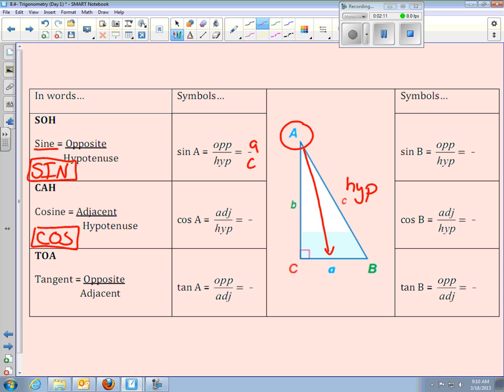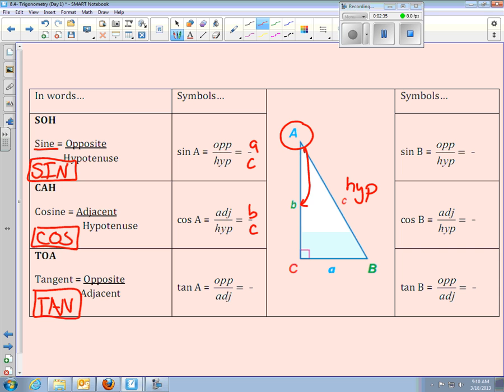And that one is going to be adjacent over hypotenuse. We are still referring to angle A, and this time adjacent is the one right next to it. So our adjacent is B over our hypotenuse. Hypotenuse is still C.